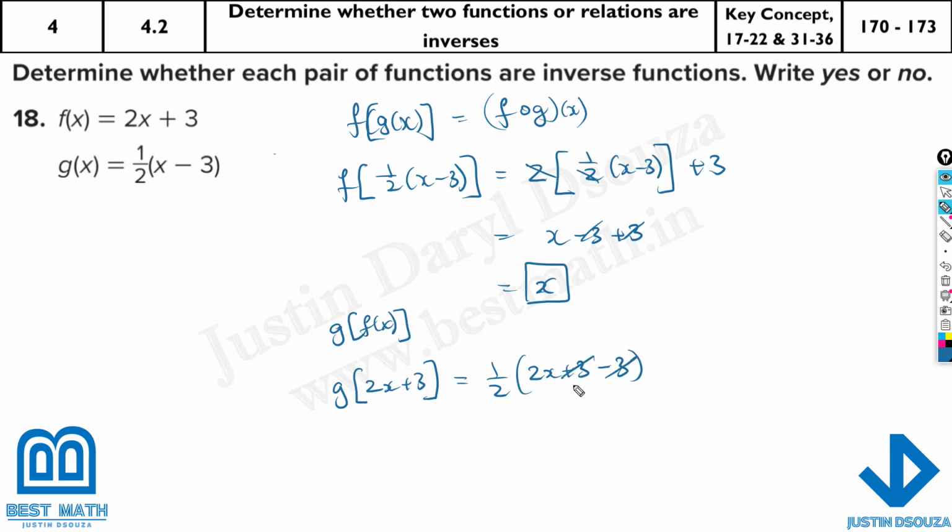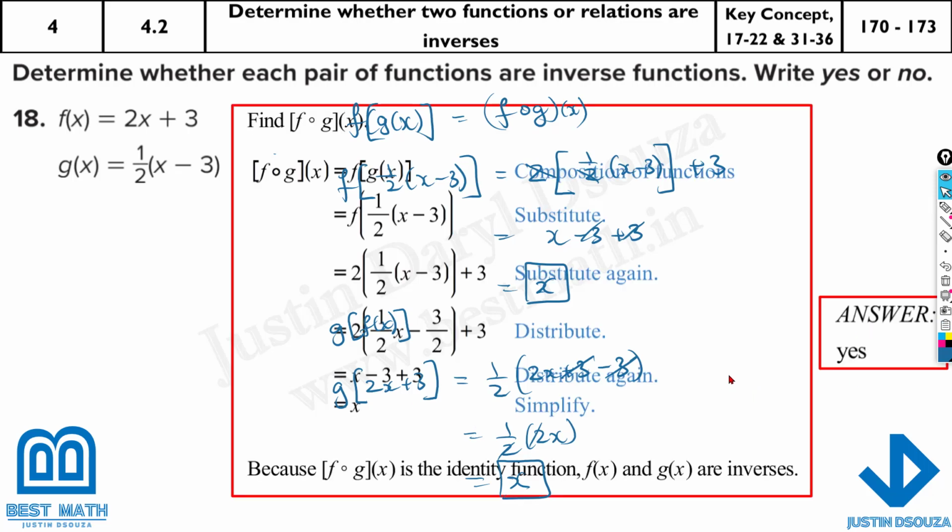Now this cancels off because plus and minus. So you have half times 2x. Now this is gone. So you have x over here as well. Yes, this is inverse of each other. So you can just write yes, they are inverse. You have to write yes and no, right? Yes, they are inverse. So that'll be the final answer. Yes.